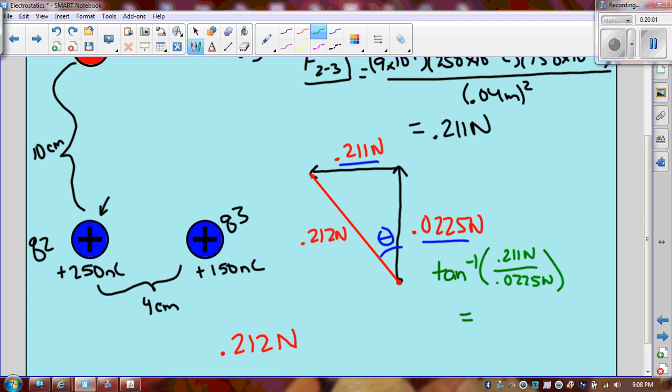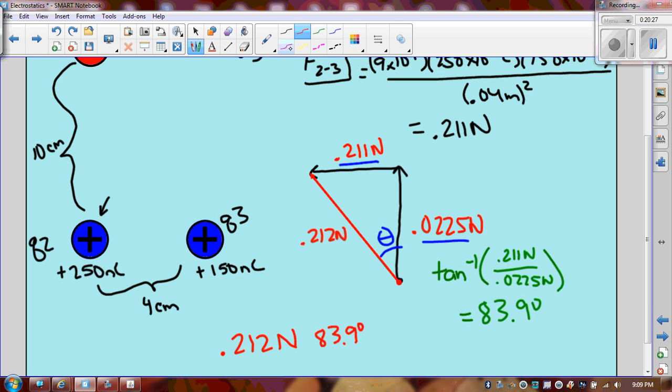So if I make sure I'm in degrees and do inverse tangent of 0.211 divided by 0.0225, that's going to give me an angle of 83.9 degrees. And so if I continue on with my answer down here, it's 0.212 newtons directed 83.9 degrees. And then which direction?